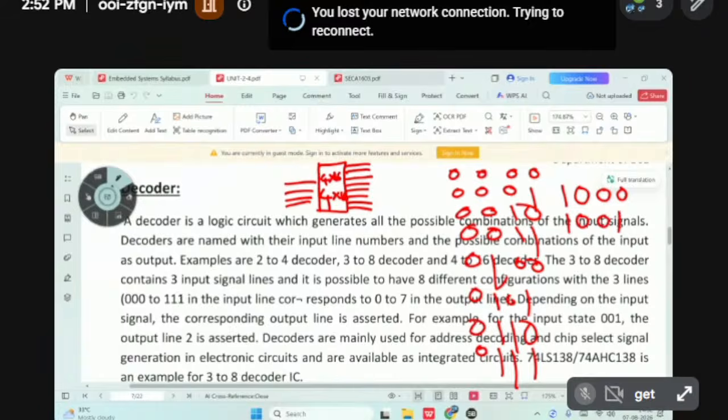Like that we can generate up to 16 combinations, right?